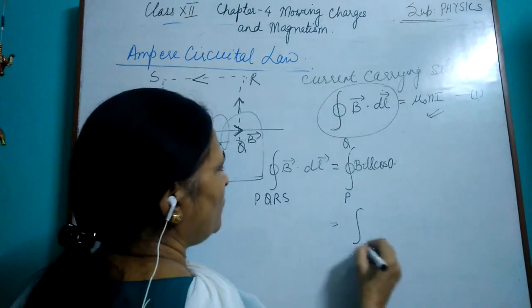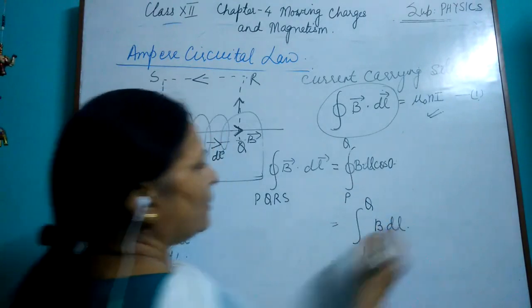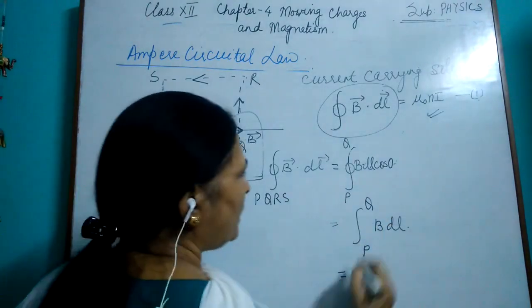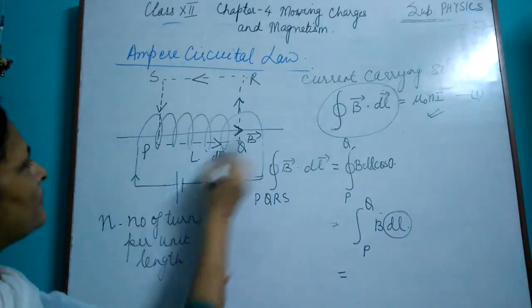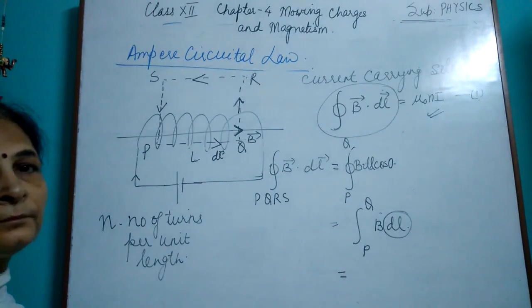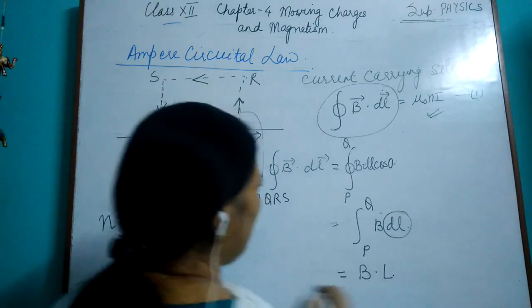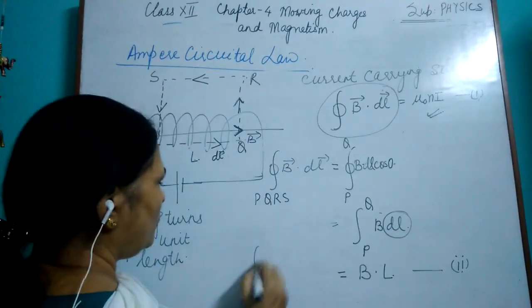Now this is going to give me P to Q only, integral of dl. And when I integrate, dl is a part of this length, capital L. So integration is going to give me BL. This is my equation number 2.